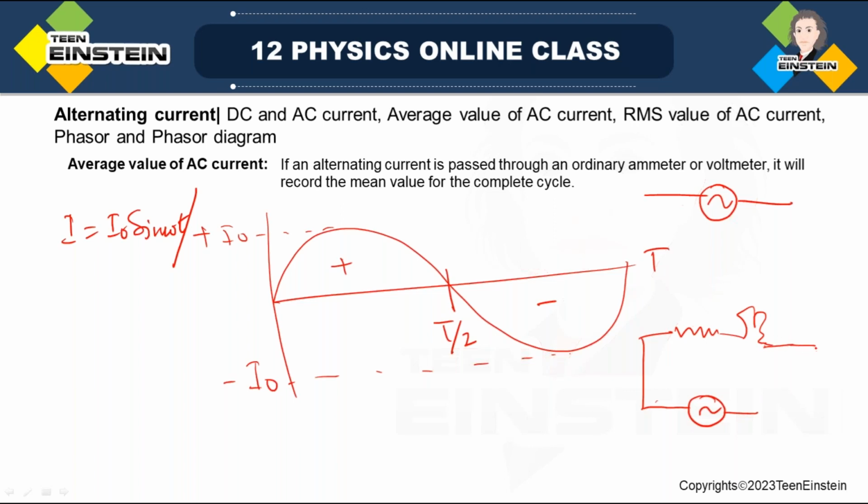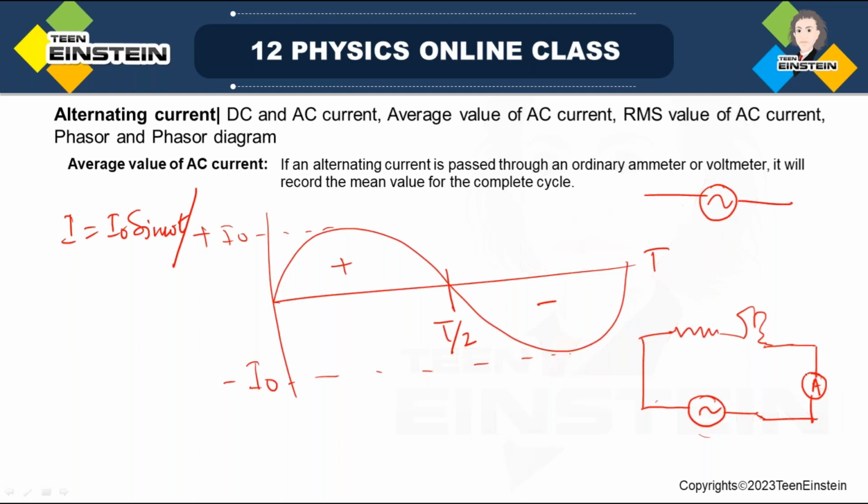If I want to measure the current in this circuit, when I know the alternating voltage is, suppose, plus minus 12, what will be the current? If we use a normal DC ammeter, what is the value we will see in the ammeter?